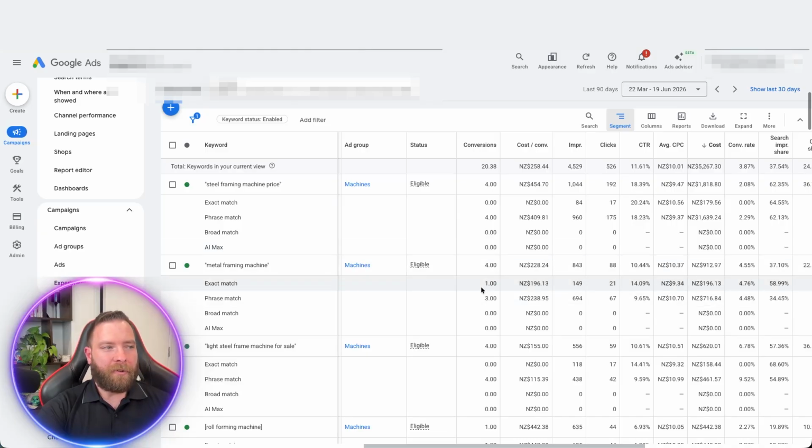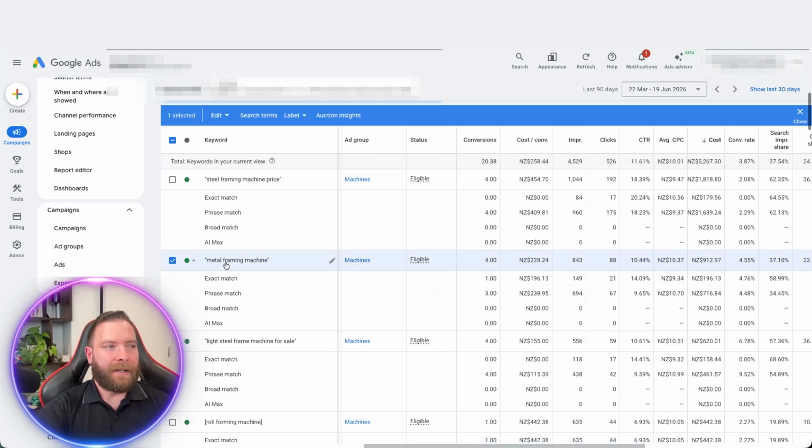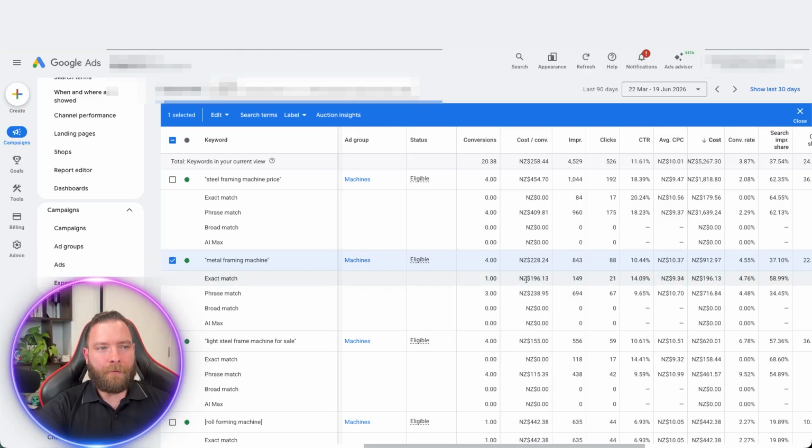Now, 9 times out of 10, you'll see that it is a broad keyword, but most of the conversions are assigned to the phrase. So in this example here, we see that it's a phrase match keyword. It's gotten 4 conversions at 220, but one of those 4 is actually converted at the exact variation of 196.